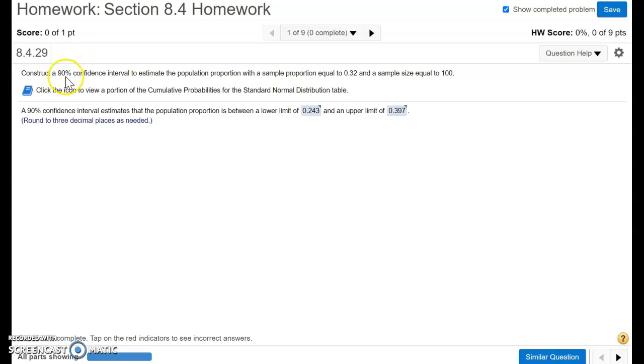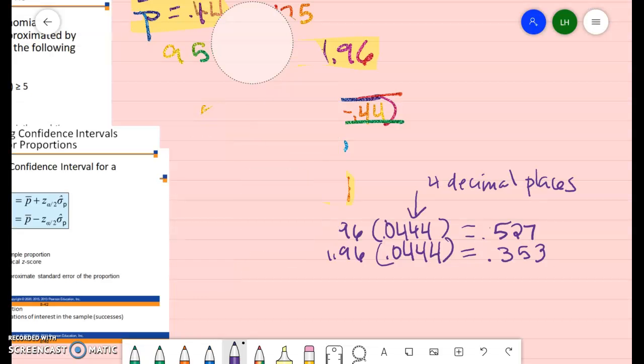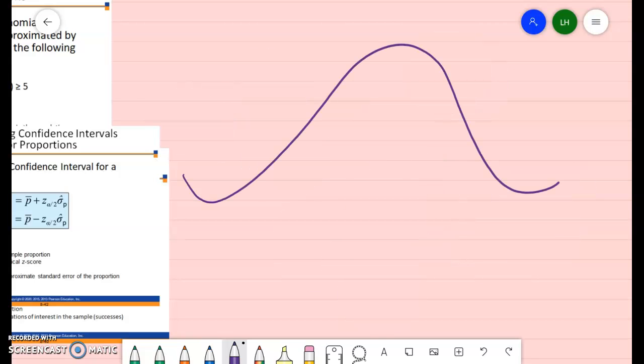Here we have a confidence interval of 90%. So if you think about 90% for a second, here is 90. And then you have tails that 10% go in the tails and they're the same. So 5 would go over here and 5 would go over here.